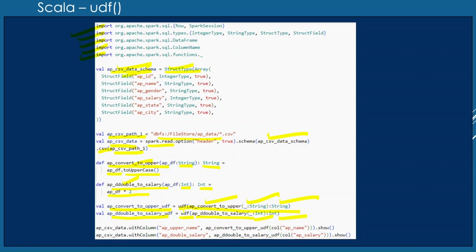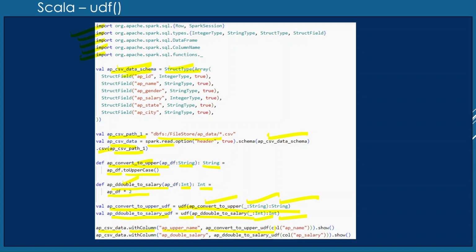Once we have registered both functions with the help of the UDF function, let's apply them to a particular column of a data frame. So this is the data frame. I am using withColumn to create this column name, and this column is going to be populated with the help of the UDF function which we have registered, right?